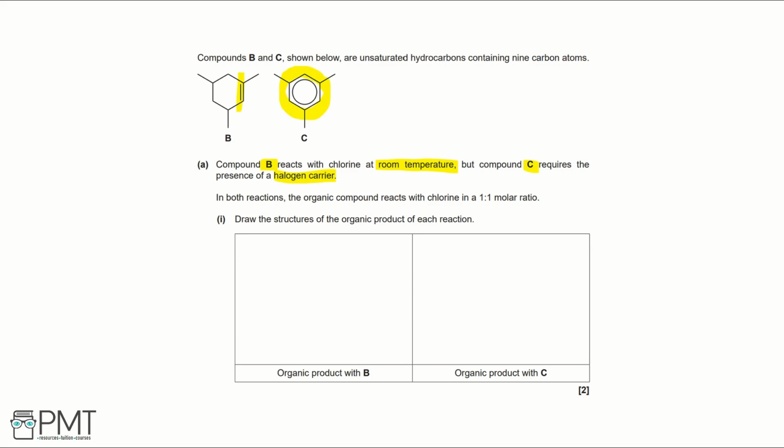substitution. So if we draw the products of B and C, if we draw B first, most of B is going to remain the same, except this carbon-carbon double bond is going to be replaced with 2 chlorines. Then if we look at C, what we're doing on compound C is we're substituting one of the hydrogens for a chlorine.